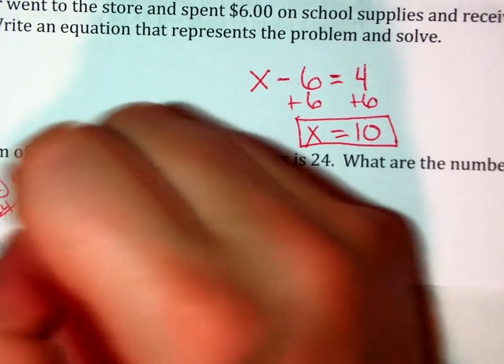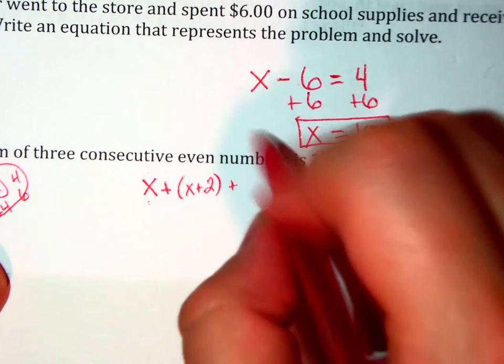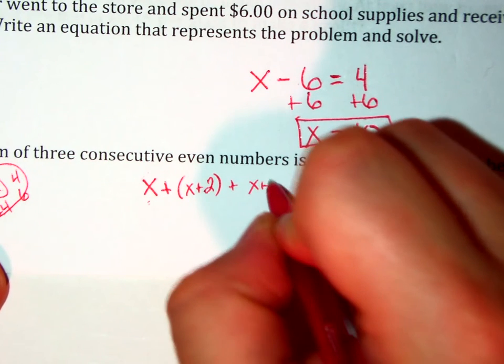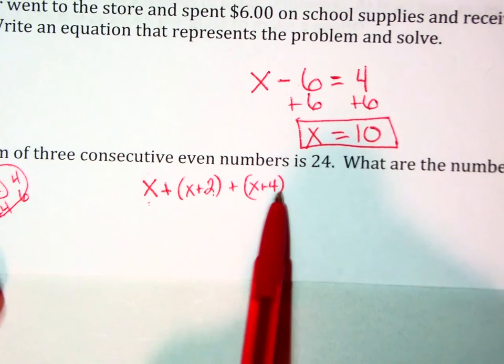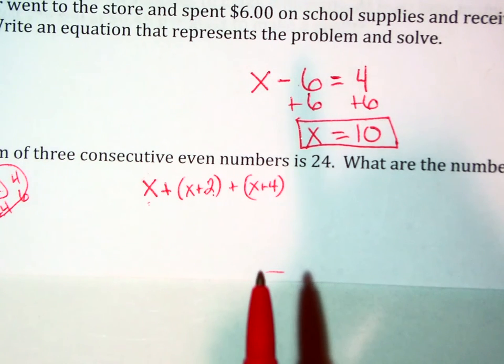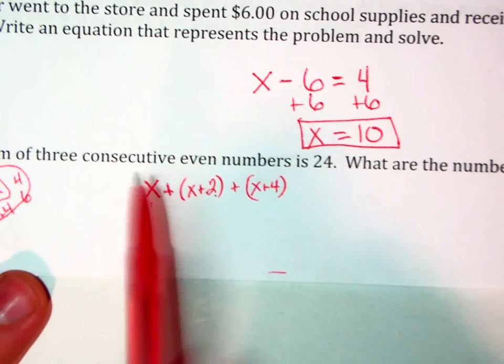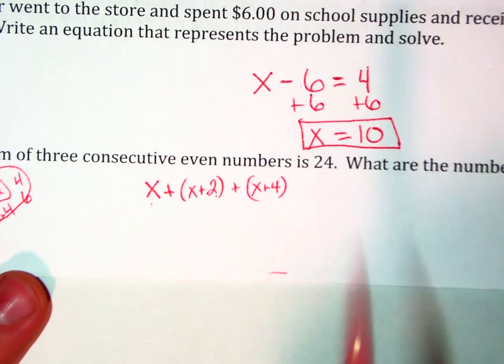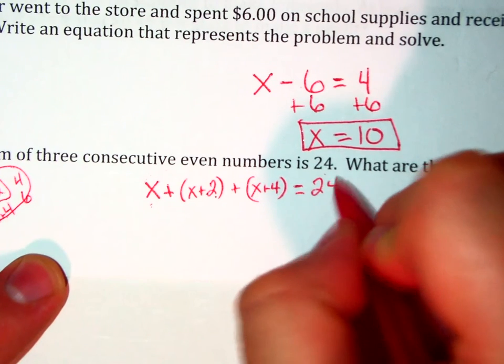So using that same logic, my third term, when using a variable, would be x plus 4. By adding 2 and then adding 4, we're skipping over the odd numbers and using only the consecutive or back-to-back even numbers within a set. And this whole thing has to equal 24.